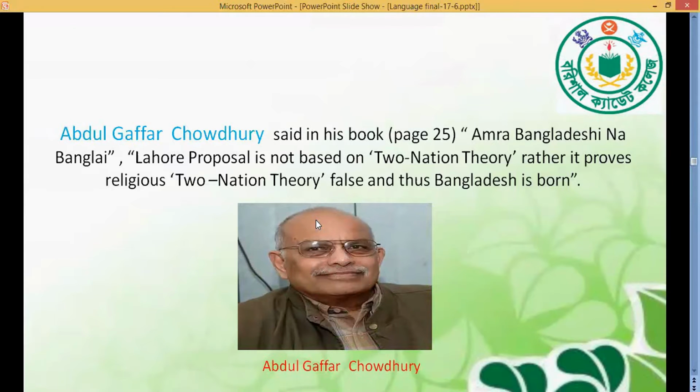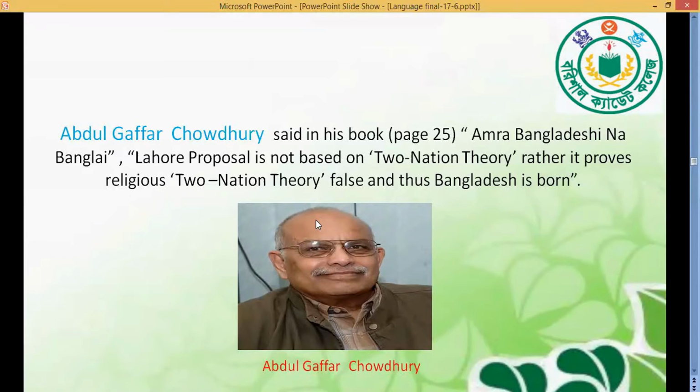Abdul Ghaffar Chaudhry said the Lahore proposal is not based on the two nations theory. Rather, it proves the religious two nations theory false. And thus, Bangladesh is born. And in this way, in 1947, Pakistan was created.